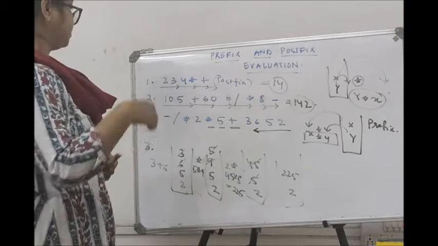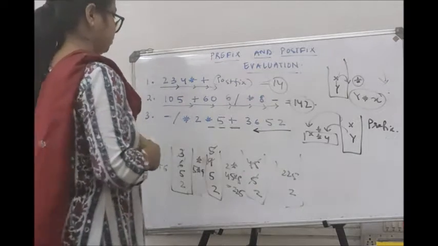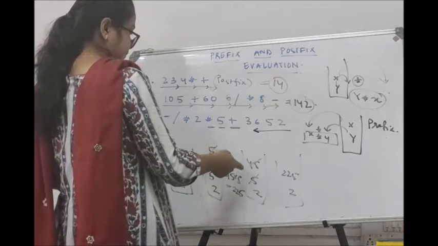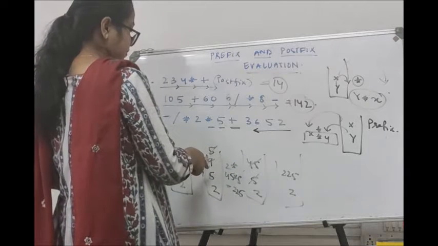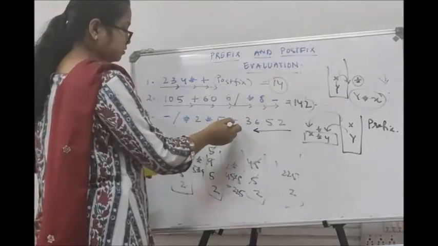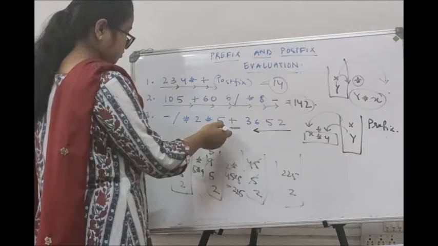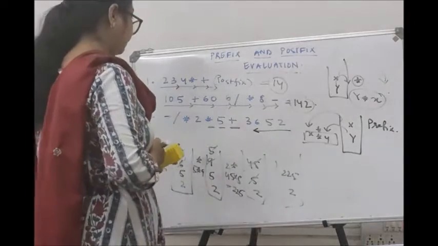Is there a mistake? No, right? 225 and plus. We did do the plus, right? Did we do the plus? Yeah, we did the plus, right? We put 9.